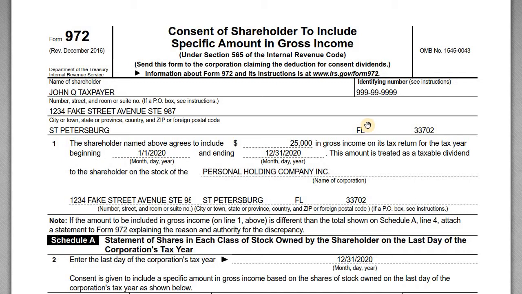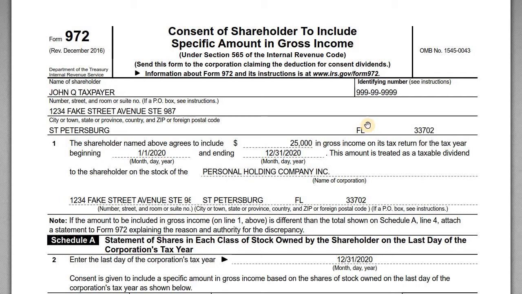Now, with Form 972, in effect, what you are doing is saying that even if the corporation didn't actually distribute cash to the shareholder as a dividend, the shareholder is still recording a deemed dividend distribution on their tax return and paying tax on the income.